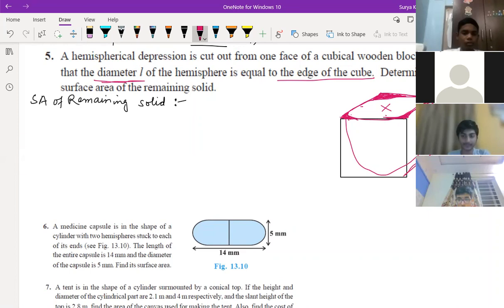Apply your mind, Praharsan. Suppose you are taking out a scoop from an ice cream, like a cubical thing. The inside part is what? Yes, the CSA of hemisphere. That we can touch.